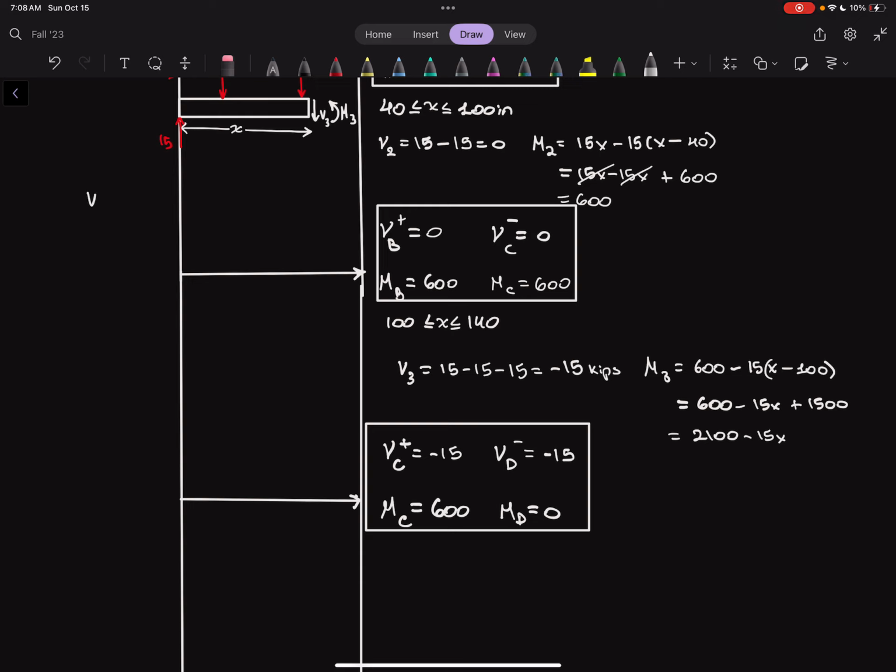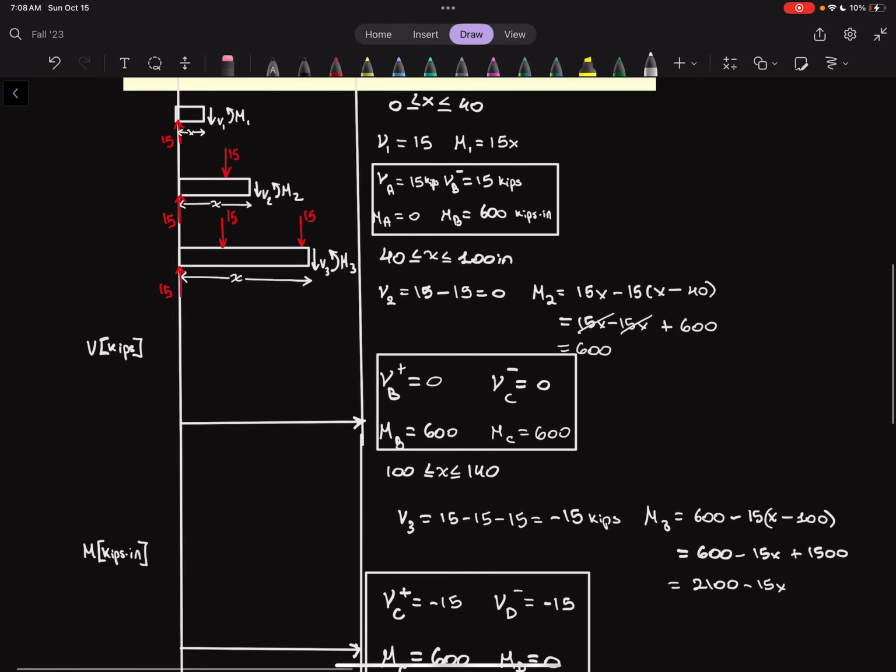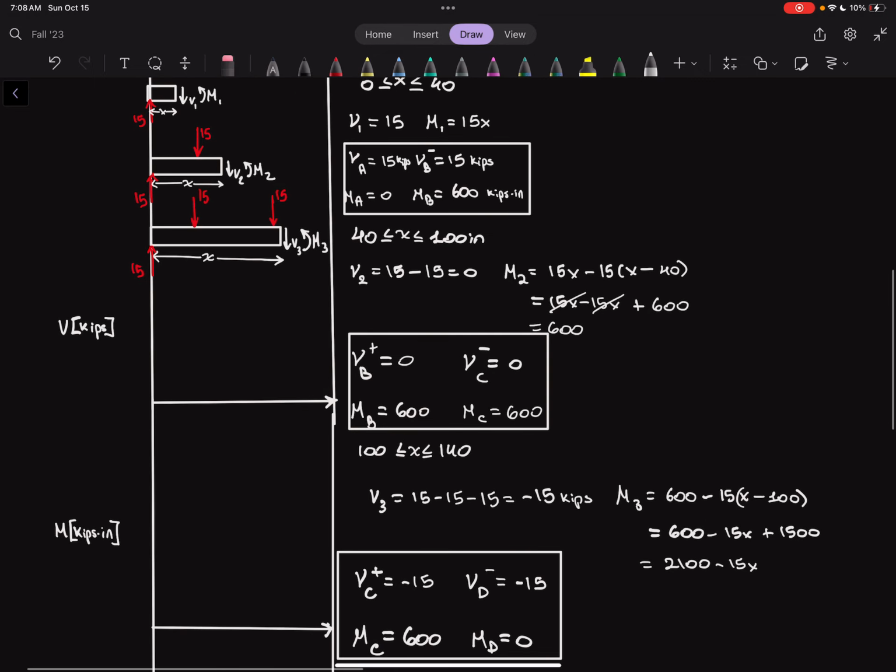We'll say this is my V in kips, and we'll say this is my M in kips inches. Okay? So we look at the first one, and we see V1 is 15. So we go from here to 15 right here. And we're going to write 15.